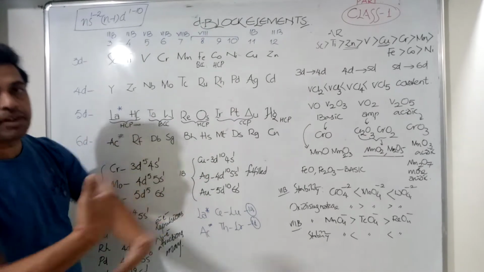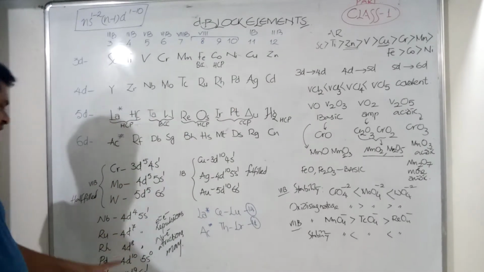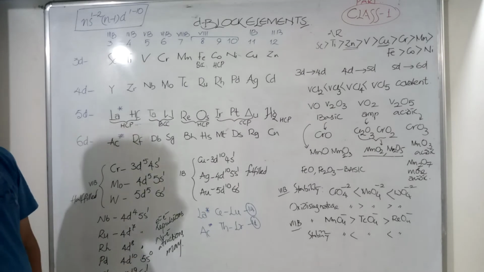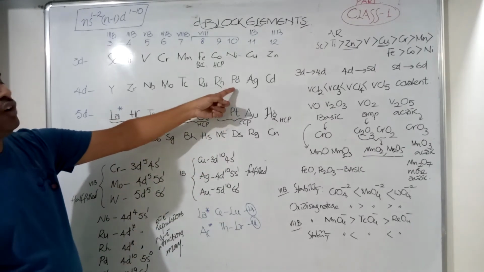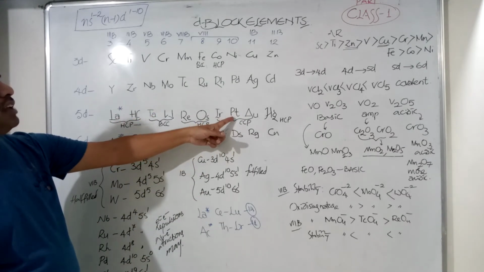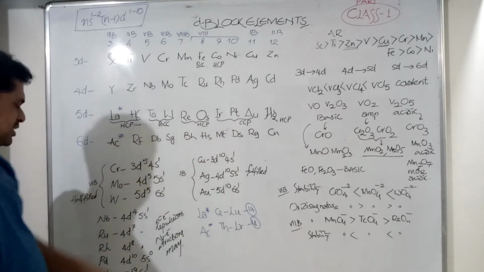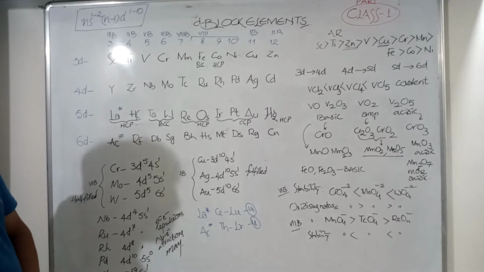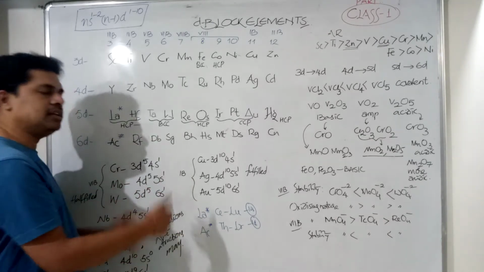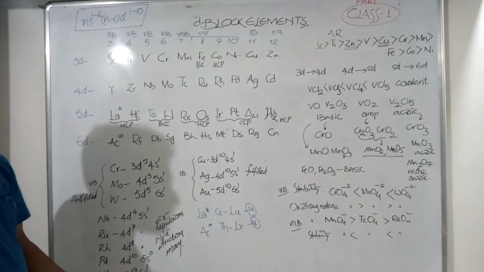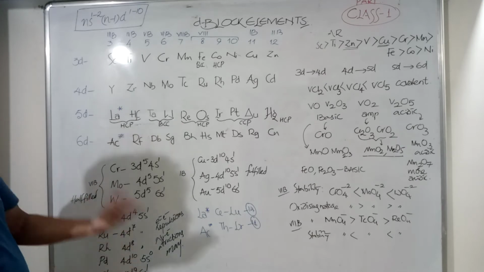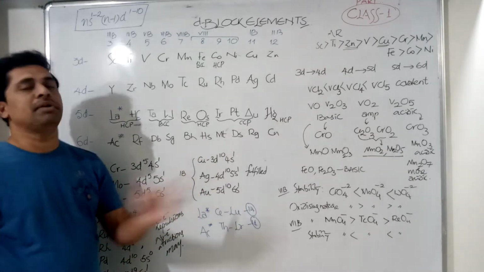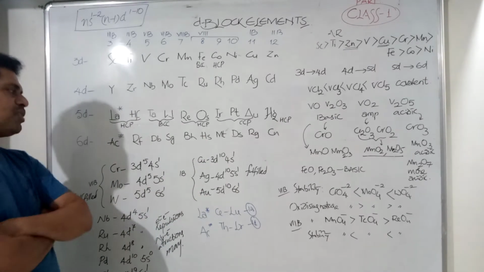Palladium is a little more advanced, having 4d10 5s0. Don't expect the same with platinum; platinum has 5d9 6s1. This may be because of electronic repulsions and electron-nucleus attractions.